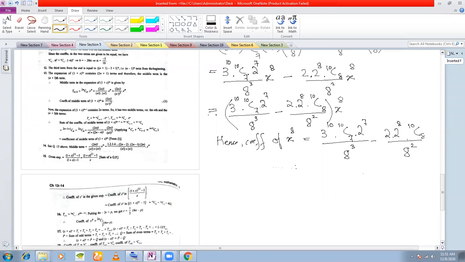That is the coefficient. Now you can simplify and find the answer. I'm not simplifying. You can write 10C7 as 10C3 also. Remember, while calculating, 10C8 you can write as 10C2, and then you can calculate. So that is how you get the coefficient of x to the power of 8.